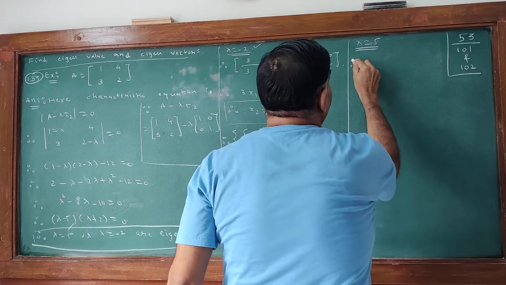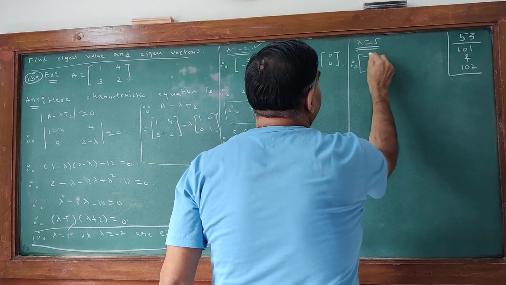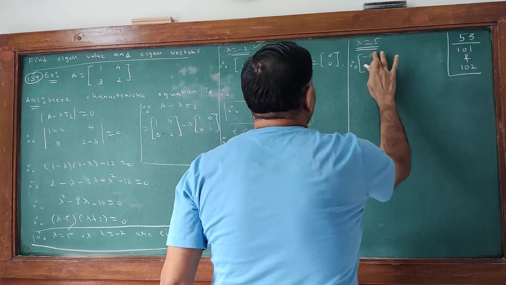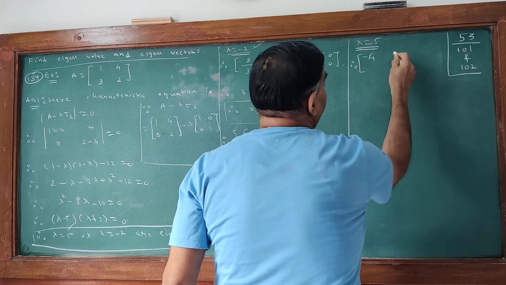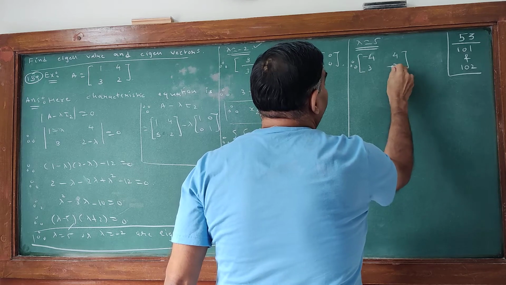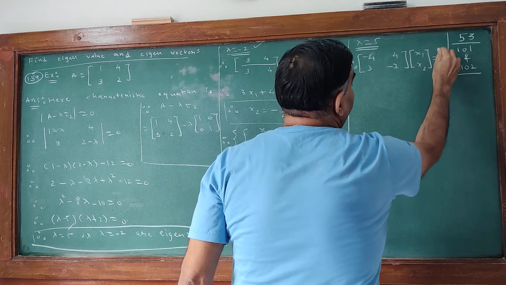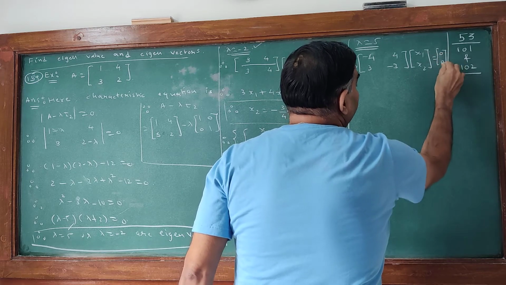Therefore, [minus 4, 4; 3, minus 3] times [x1; x2] is [0; 0].